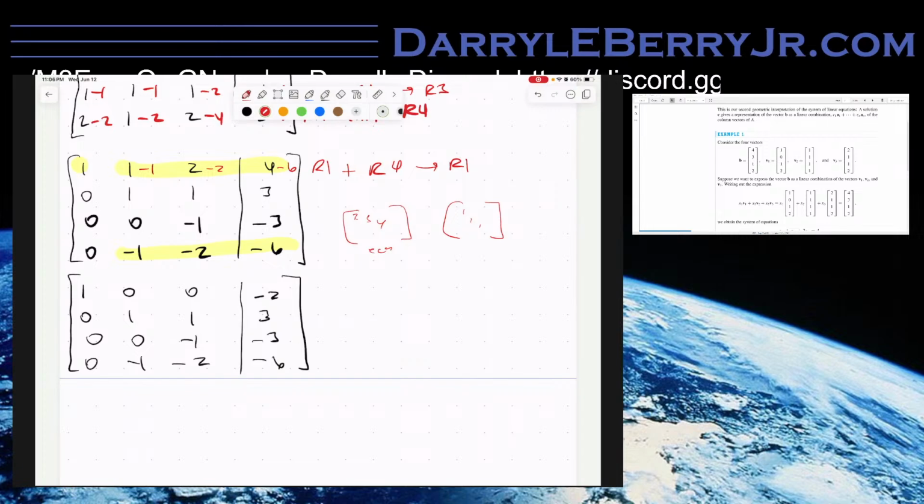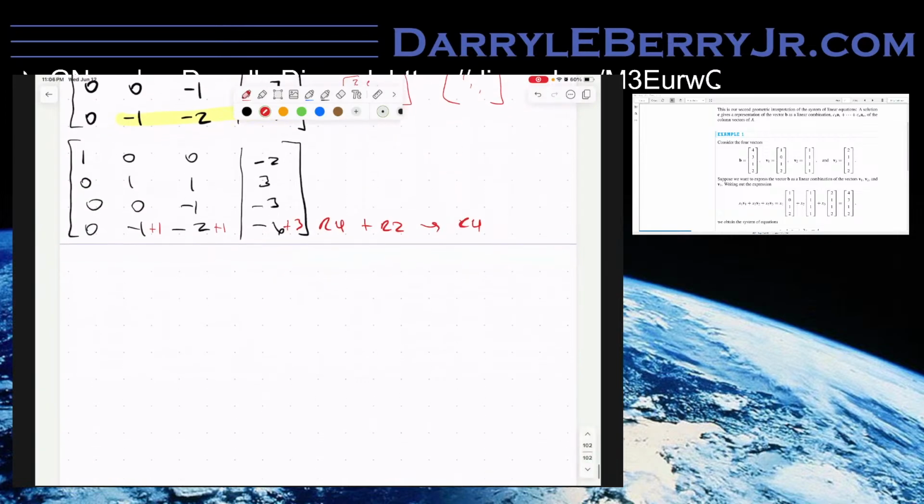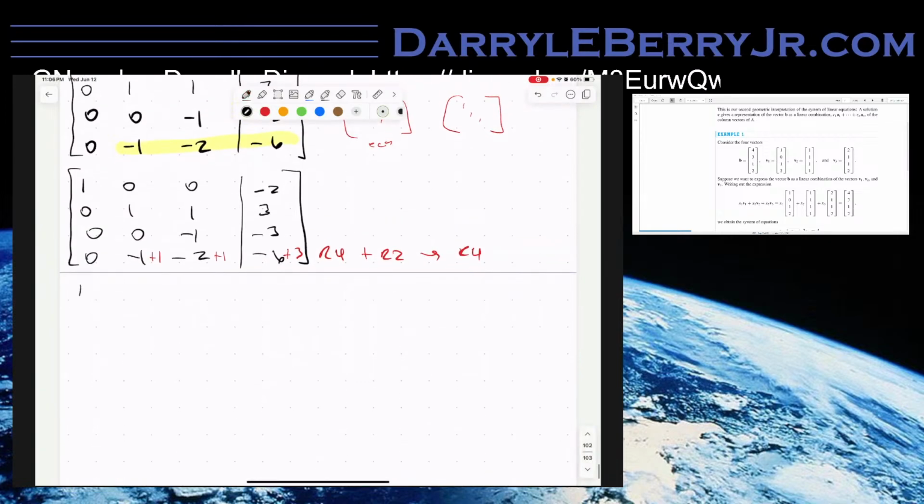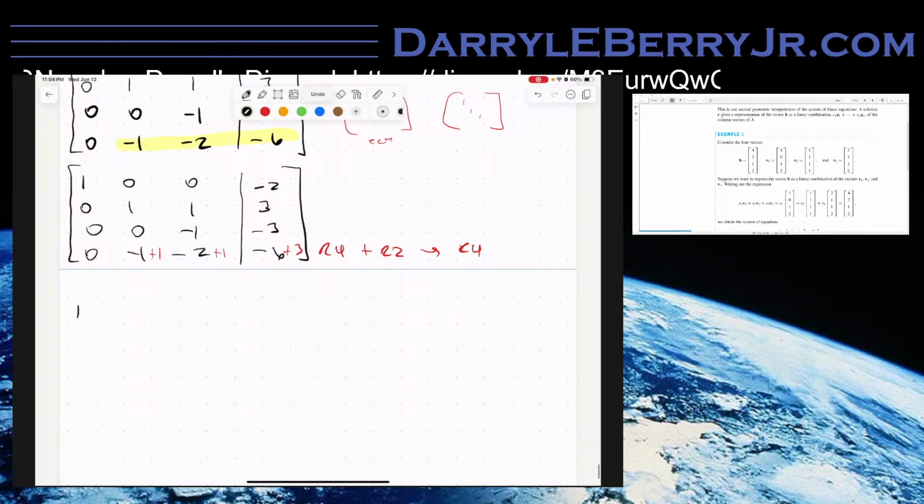So now I can take row 4 plus row 2, let that be row 4. So this will be adding plus 1, plus 3. So this gives us the same row for 1 and same row for that. That is the same.